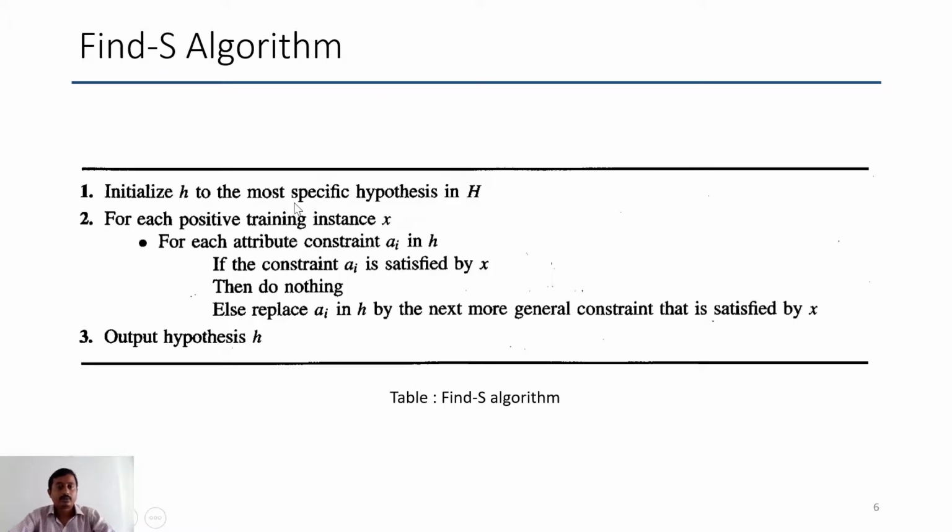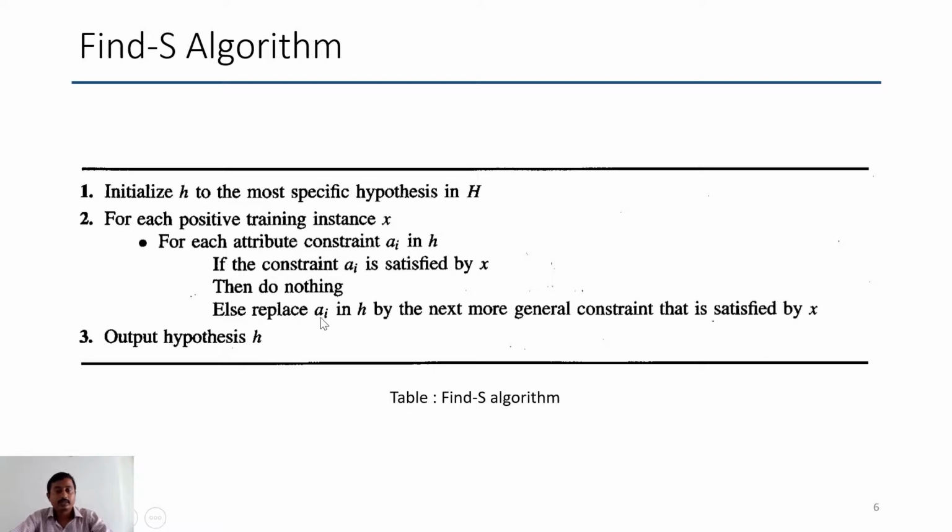So this is the actual algorithm. We initialize h to the most specific hypothesis in H. H is the hypothesis space, right? For each positive training instance x, we have to compare every attribute of that instance. For every attribute constraint a_i in h, if that attribute is satisfied by x, then do nothing.